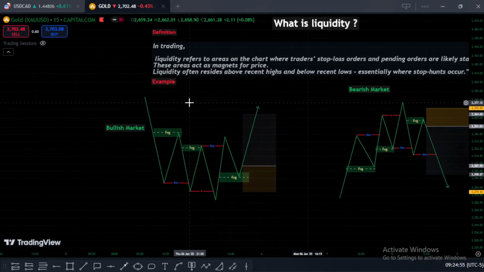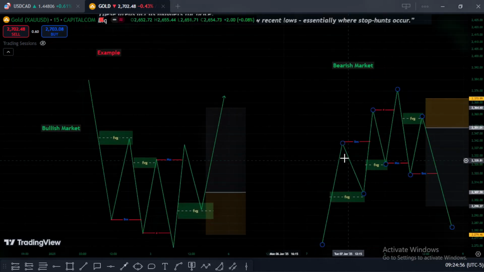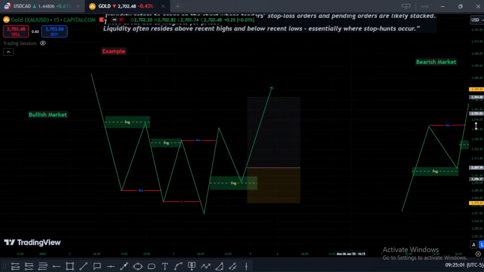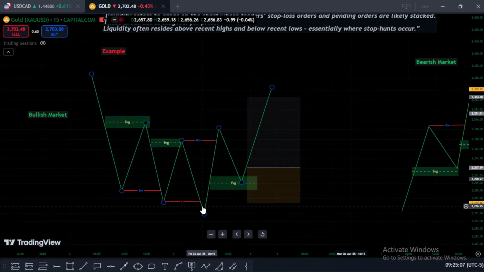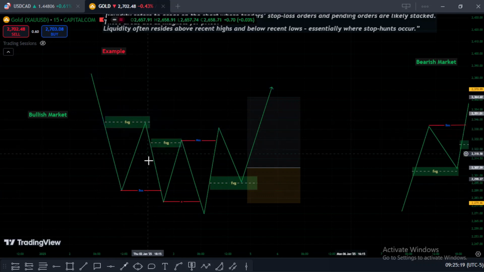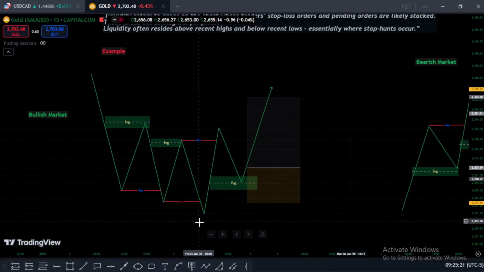For the bullish market, this is how price goes. Assume price was in a downtrend and is trying to reverse. This is the structure of a bearish market. Price comes down, giving us a lower low, lower high, respects a fair value gap, lower low, lower high, lower low.